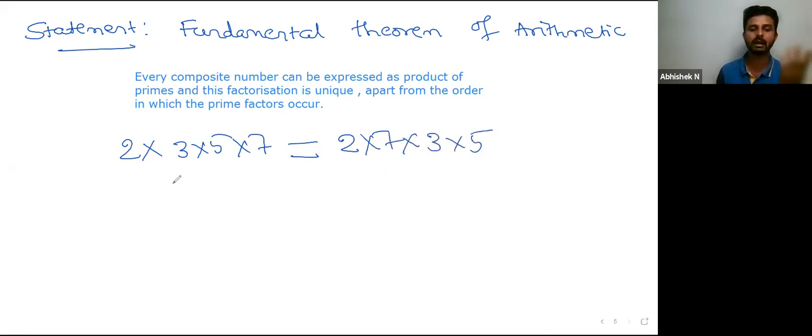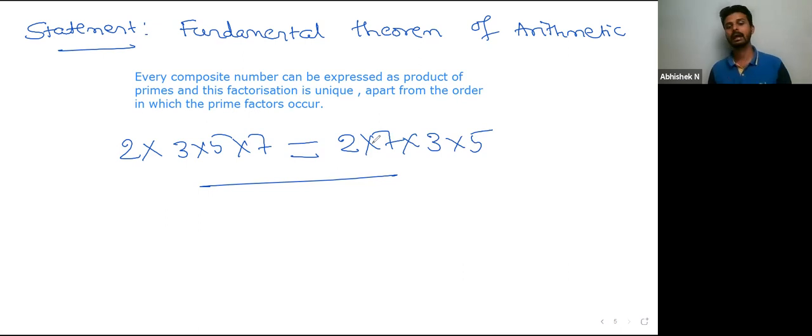In this way, it can also be written. It does not talk about the order in which the prime factors occur, but it can be expressed as a product of primes in a unique way. Now, how it is unique, we'll discuss in the upcoming session.